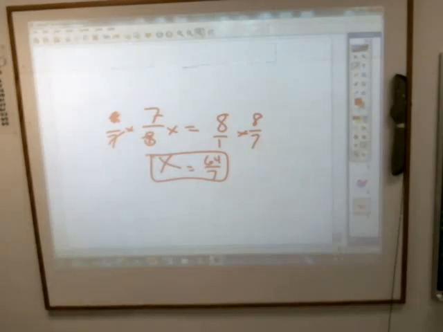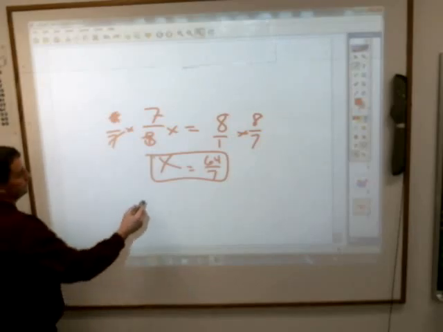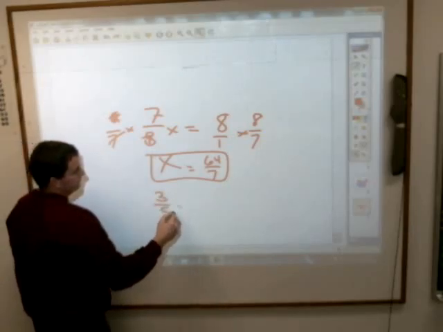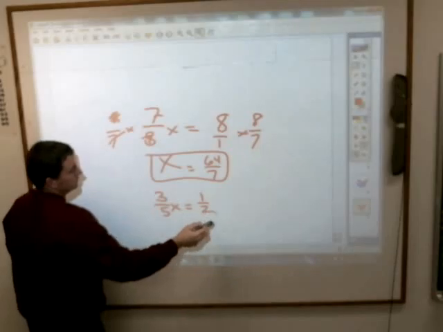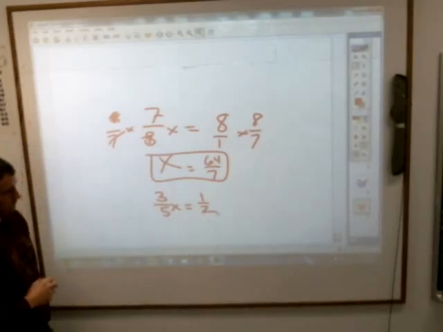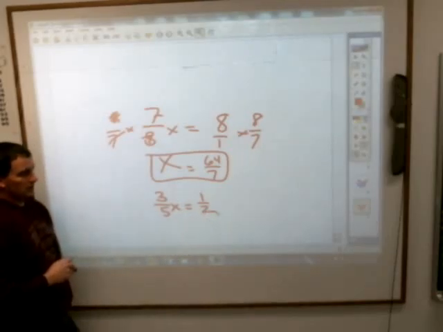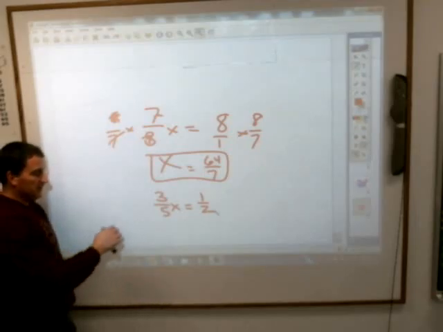Josh: I was wondering why don't you, like for the 3/5 x equals 1/2, why don't you make it 2 ones on the other side? Well, because you did it on the other side. No. What did I do to the other side?